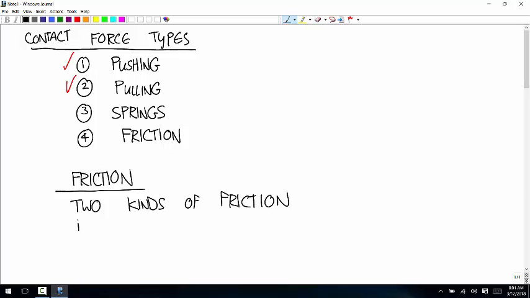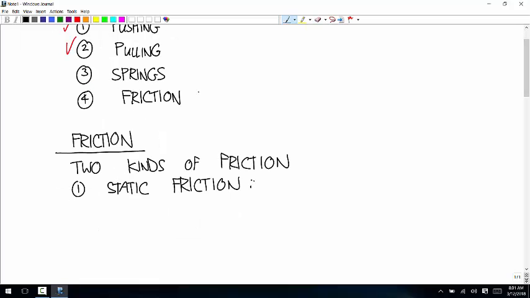One is called static friction. And that is when an object's at rest. So for an object at rest, this is the friction force that's required to keep it at rest.